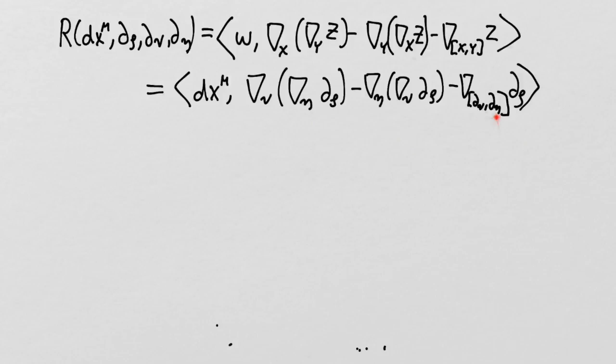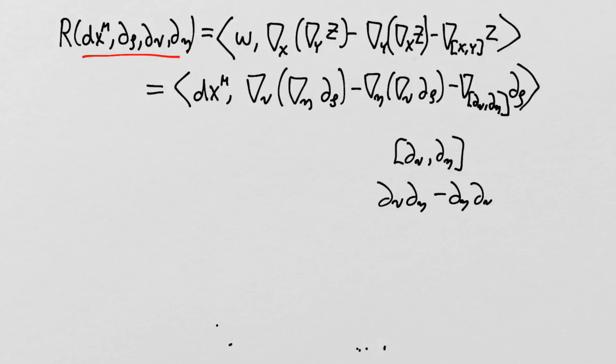Now what's important to notice right away is this commutator, partial nu, partial eta, right? That's going to be d nu d eta minus d eta d nu, which we know that these partials commute, so this guy is 0. So we can start right away. When we're looking for components, that field is automatically 0 in the coordinate basis.